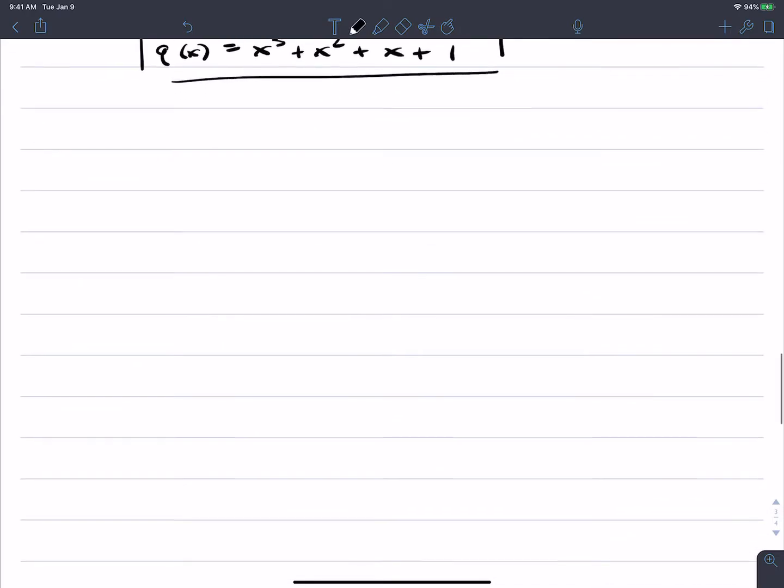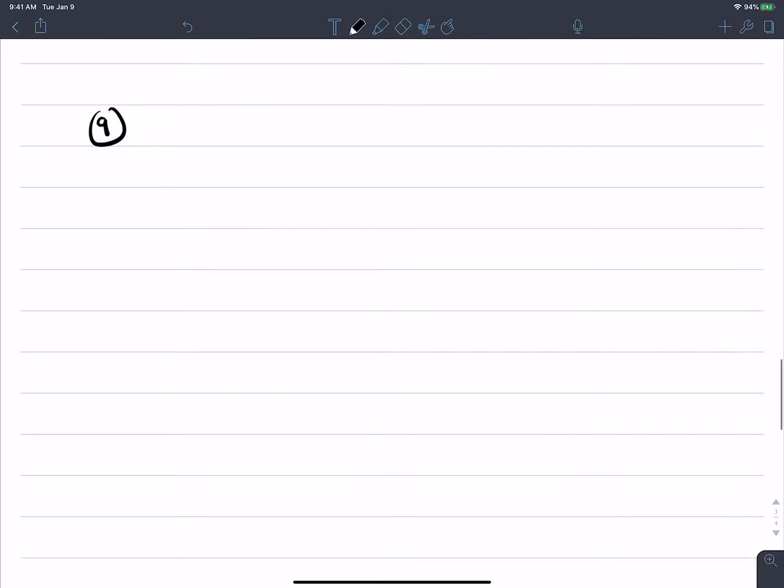Number 9. So if we look at number 9 here on the homework, what they want us to do is use synthetic division to express your function of the form f of x written as x minus k, q of x, plus that remainder.